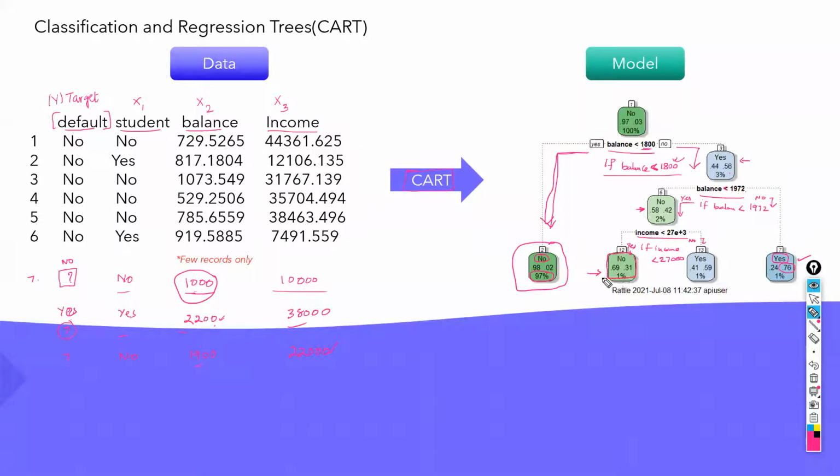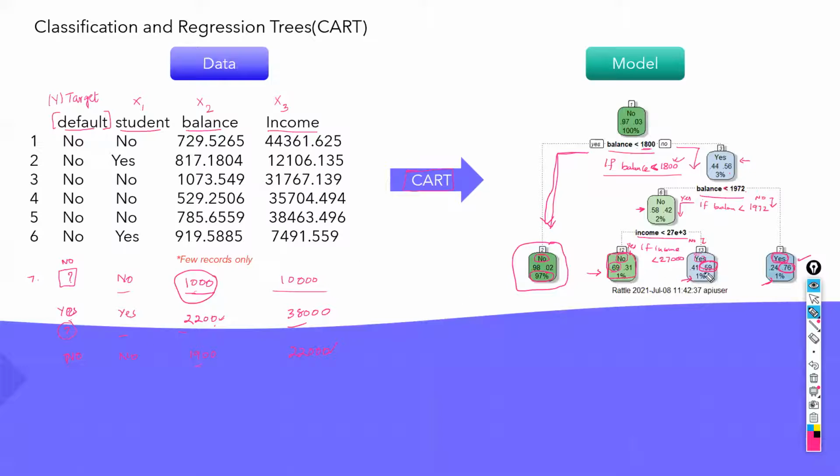And in this node, 69% of them belong to no class. So our prediction is also going to be no. So if it ends up in this node and this node, in these two nodes, majority is yes class. 76% of them belong to yes class, 59% of them belong to yes class.